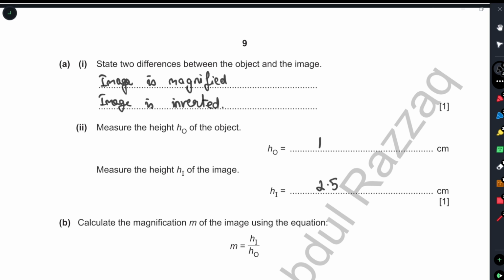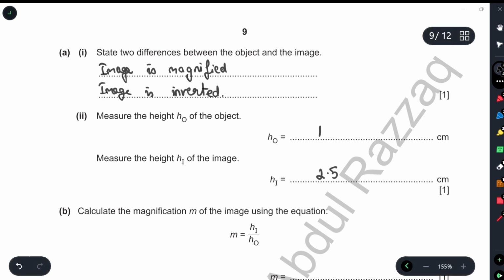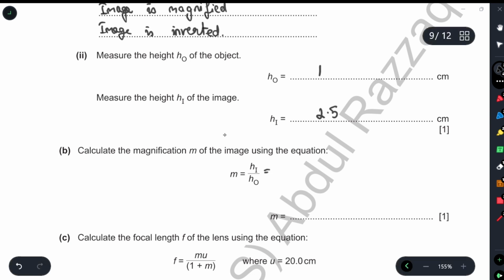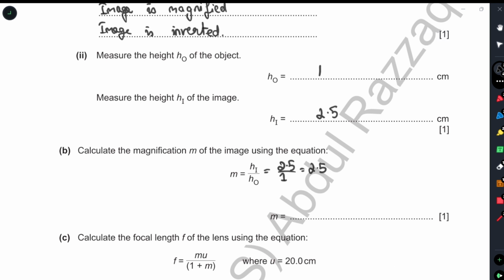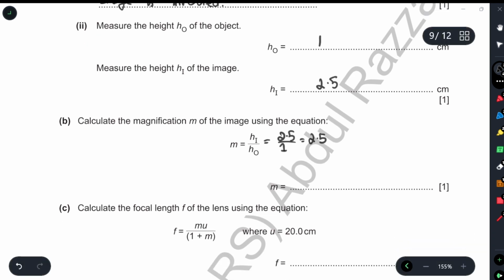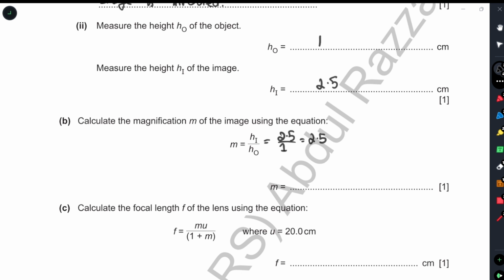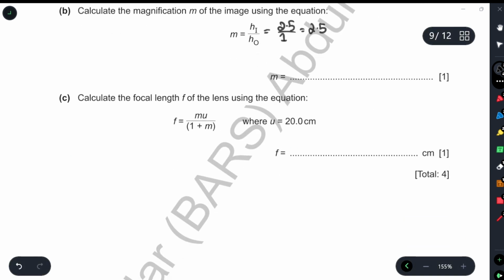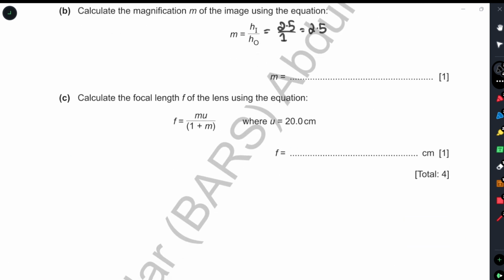ठीक है. Then we can say calculate the magnification m using the equation. So hi over h naught. So 2.5 divided by 1 is 2.5, right? Calculate the focal length of the lens using the equation. So f = mu upon 1 plus m, where u is equal to 20, which the question gave you as the initial distance of the lens from the object.